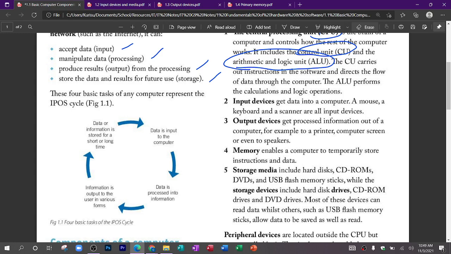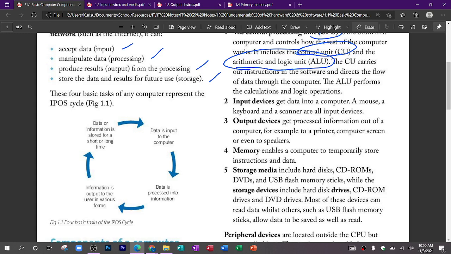Please remember, you have to remember the difference between a storage media and a storage device. Media is what has the data. The media has the data. So like your flash drive, your memory card, your CD, those store the data. Those are the storage media.